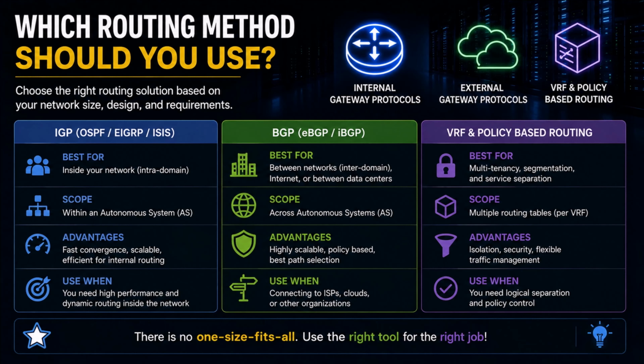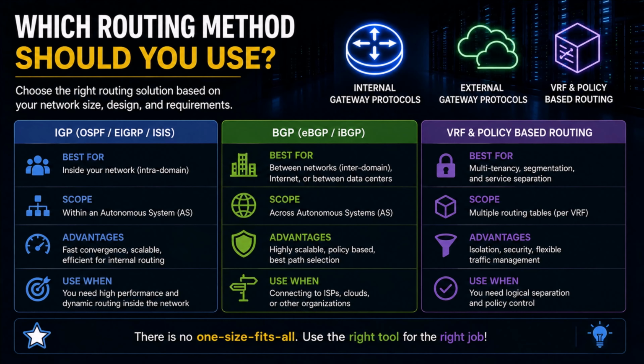BGP is excellent when you need large-scale routing, strong policy control, cloud connectivity, service provider connections, or modern data center fabrics. VRF solves a different problem. VRF is about creating separate routing domains and isolating traffic. So in real networks, these technologies are often used together.